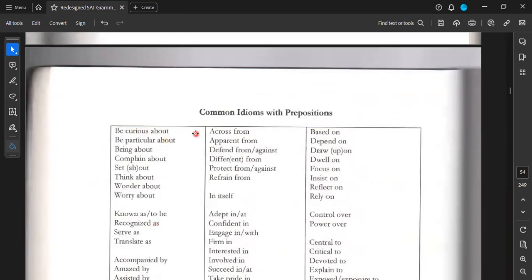I shouldn't have started going through all this. There's a lot of them. Across from, apart from, defend from or defend against, differ from or different from. You don't say different to, it's different from this. This is different from that.